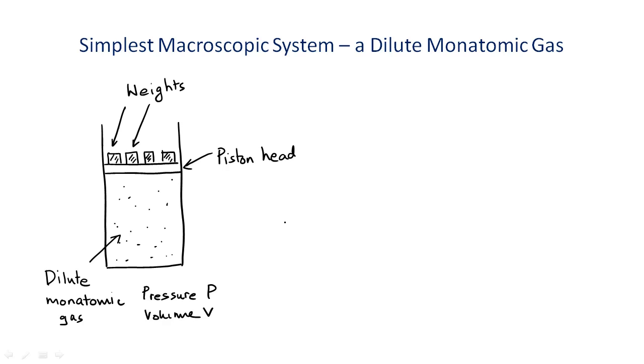So, the state of the system is a dot on the PV diagram, which is a graph of pressure versus volume. Here is the PV diagram, and the macroscopic state of the system is just this dot here.